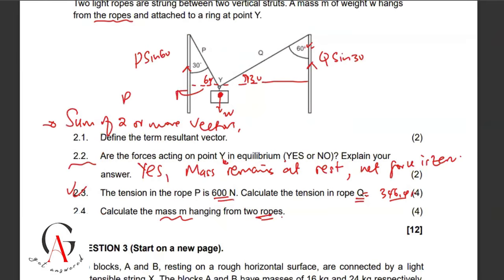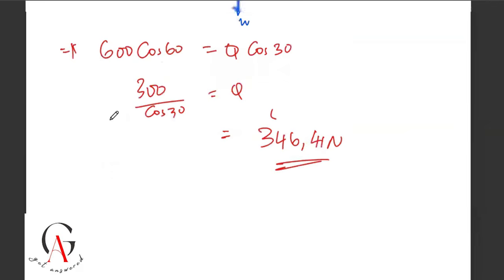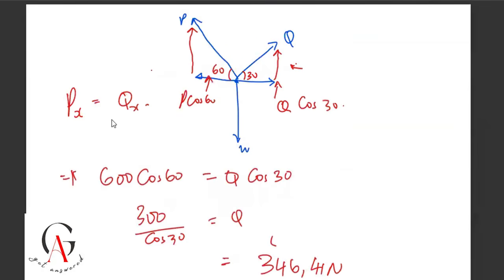And then they want us to get the mass M hanging from the two ropes. So then we can do the vertical forces and see what's going to happen. If I focus on the vertical forces, number one, I need to start by getting the weight. But this weight is going to be equivalent to the upward forces: P sine of 60 plus Q sine of 30, which we already know.